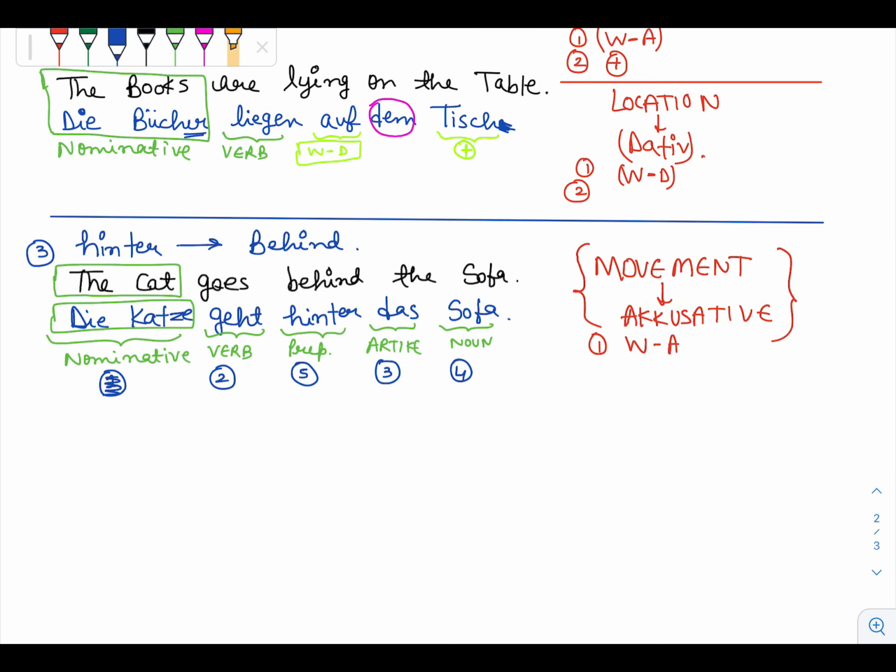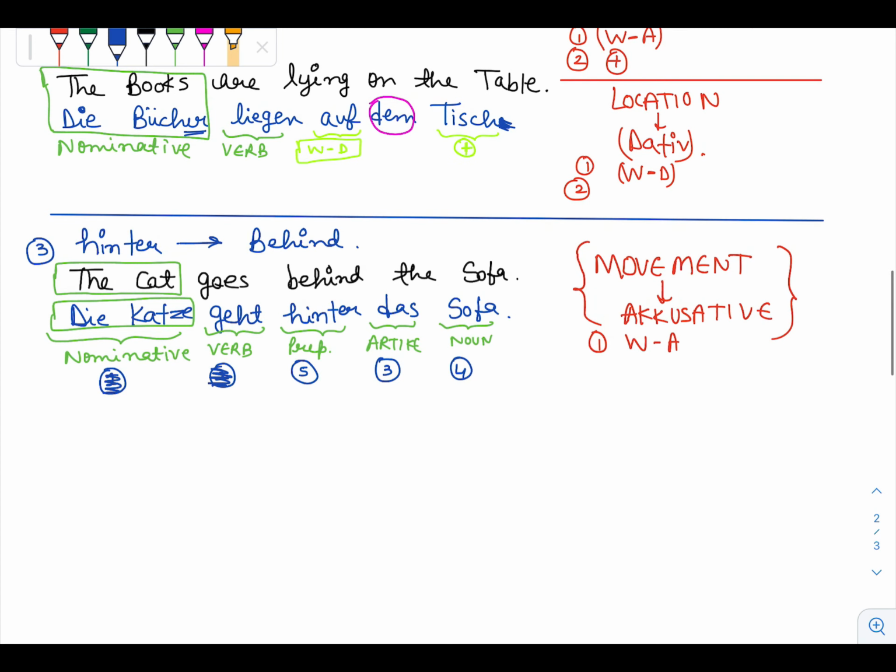But if you don't know any of these things, then it is very hard to form this sentence and you will find difficulty every time. That's why it is very important to do each and every grammar topic, whether it is small or big, in a good way. Okay, so I hope till here it is clear.